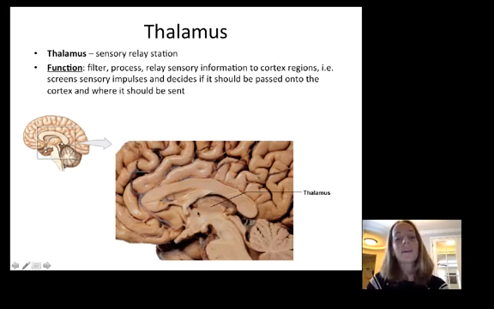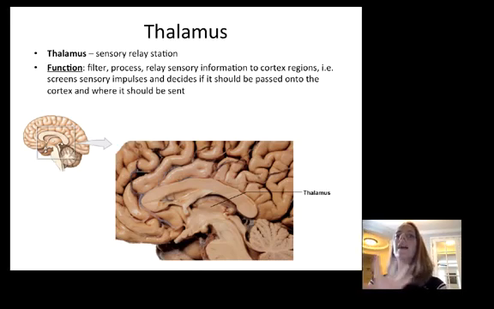So the thalamus you will see a lot, because all of the sensory information, not all, but most of the sensory information that comes into the brain has to first be gated by the thalamus. So we call the thalamus the gatekeeper. It is going to filter, process, and decide whether sensory information is important enough to send up to the conscious processing regions of the cerebral cortex.